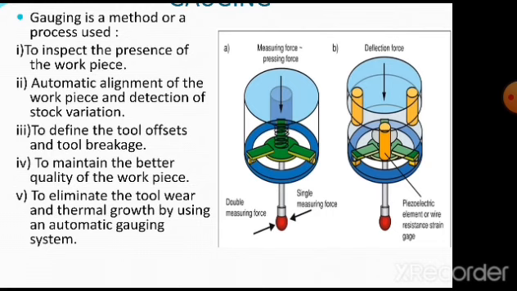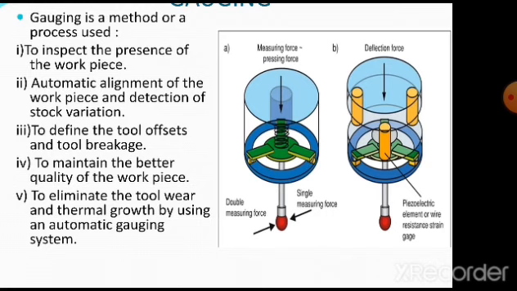So automatically the alignment should take place for the workpiece properly, and detection of stock variation means detecting how much amount of material is removed whenever a particular operation is carried out, according to the next dimension. That measurement is taken by these gauges only.